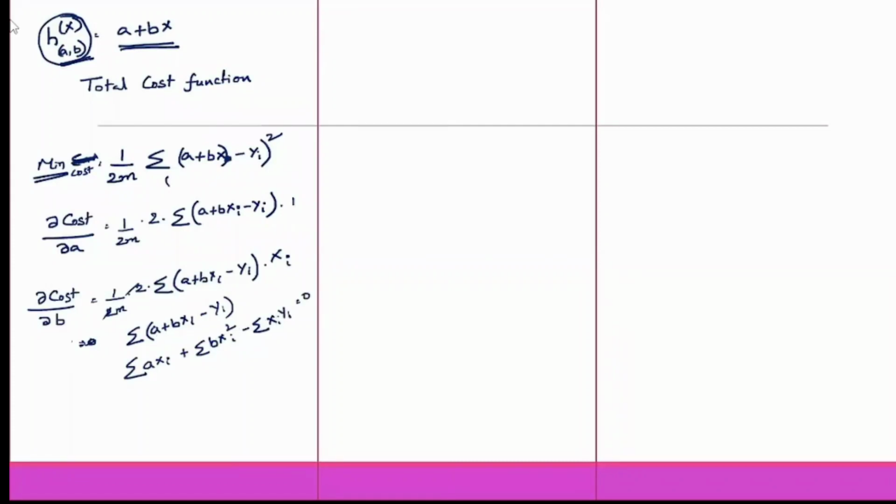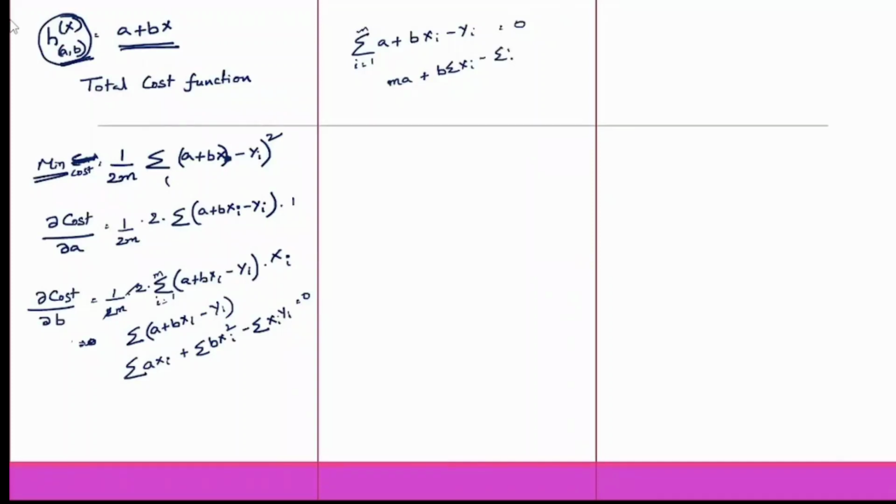And based on this, also here I can say the same, sigma a plus b xi minus yi equal to 0. So sigma a, when you are summing up across i equal to 1 to m, basically it will be m a plus b times sigma xi minus sigma yi equal to 0.